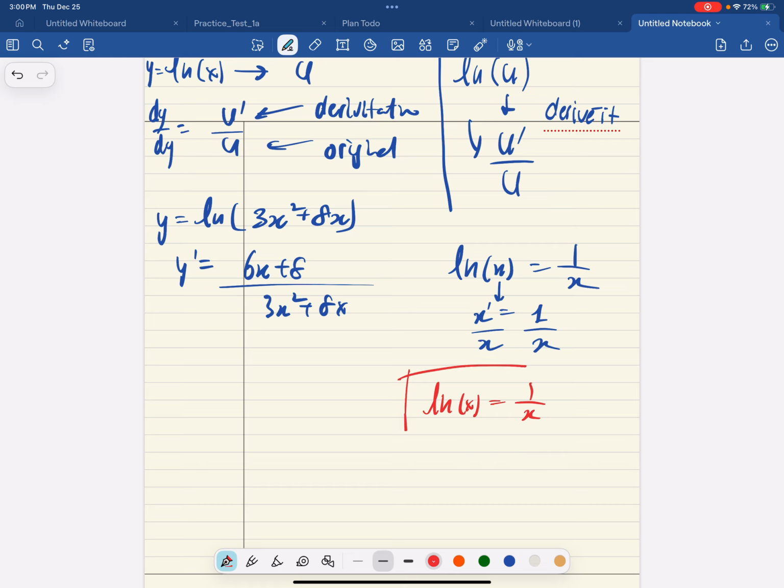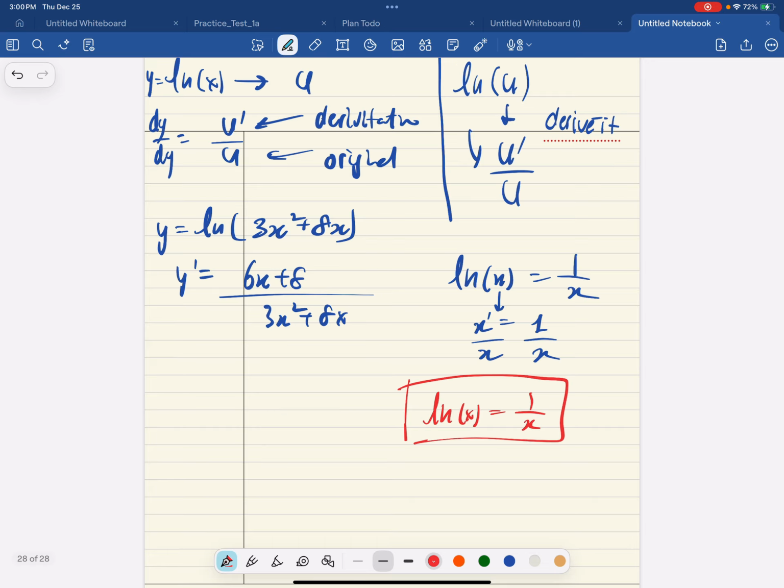Just memorize that the derivative of ln of x is 1 over x, and that can be proven by the ln rule. You only have to write down ln in the answer when there's a double ln, like ln of ln of 3x squared plus 8x, because what's inside includes the ln. That's what I was mixing up, but that is a more complicated example you would probably come across.